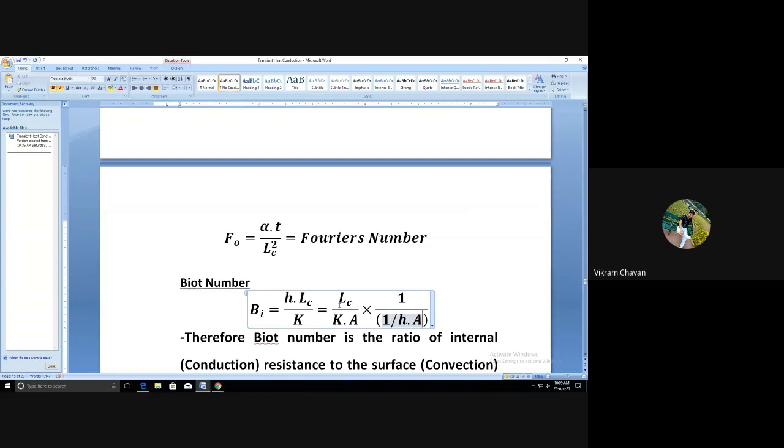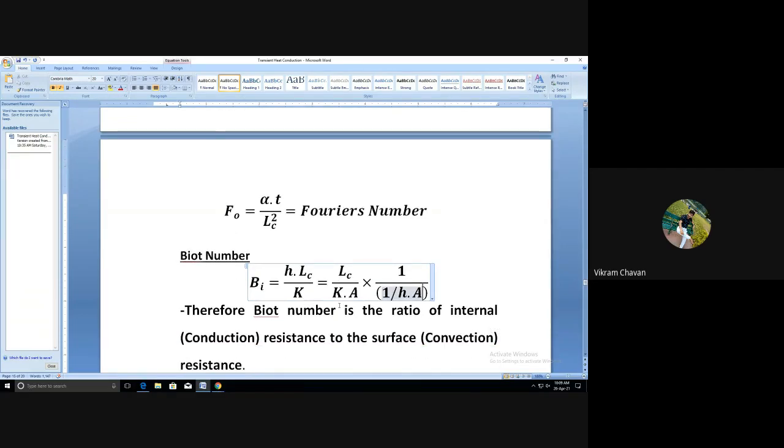Internal resistance means the conductive resistance, and the external resistance means the convective resistance. So I will remove this kA, which is nothing but the surface area. So Lc divided by k is the internal resistance, and 1 divided by h is the external resistance. So the Biot number represents the ratio of internal resistance to the external resistance.